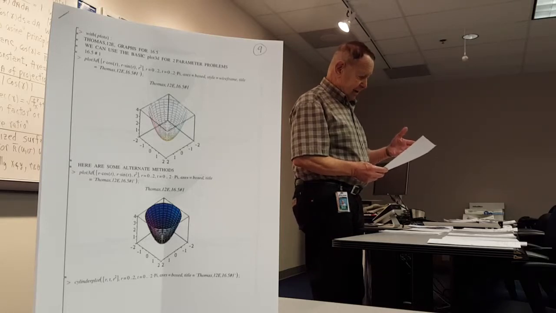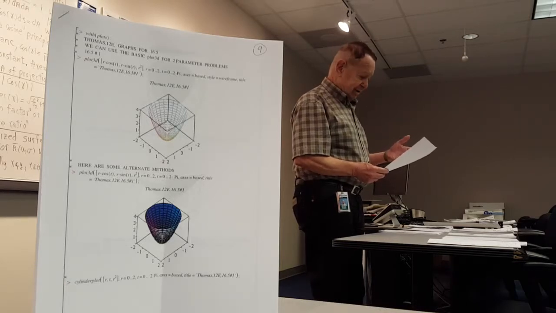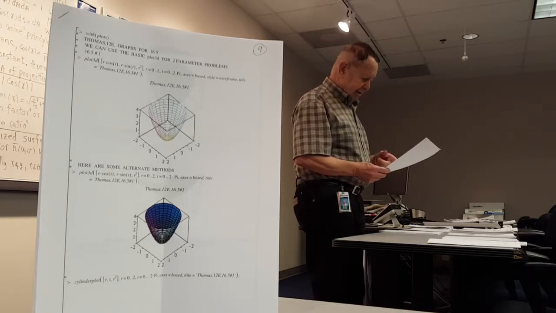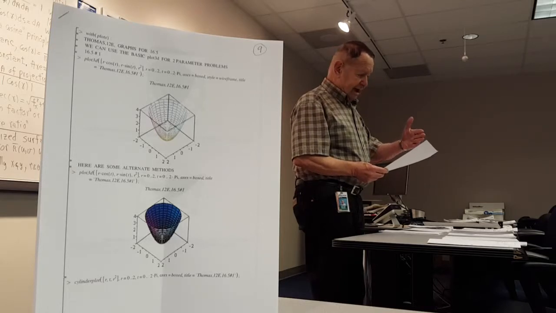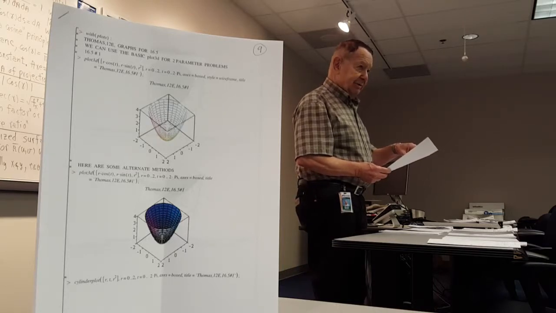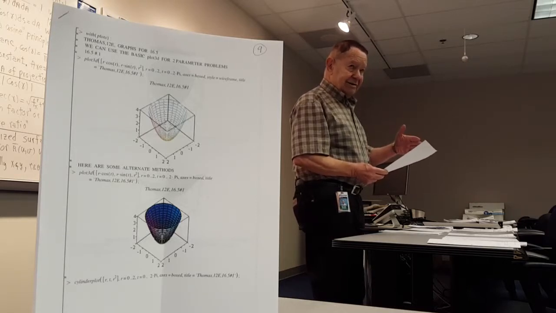And you see what you have with this thing, which is problem 1 in section 16.5, is a basket sort of thing, where the cross-section or intersection of the basket with any plane would be parabolic. You see that the third component of that vector is z equals r squared.